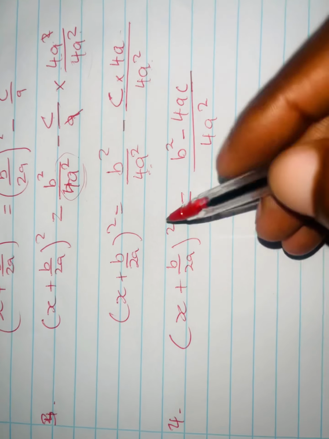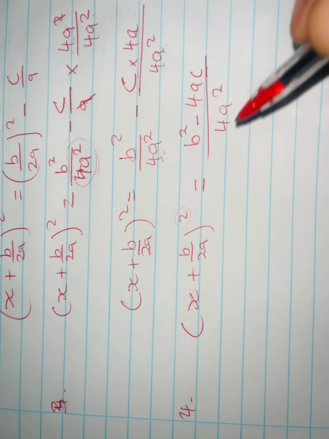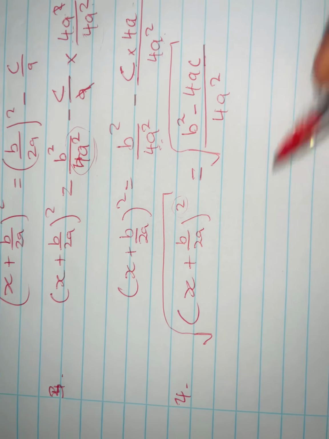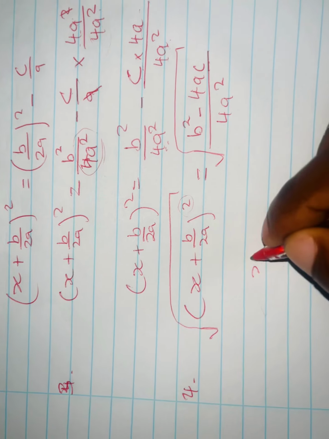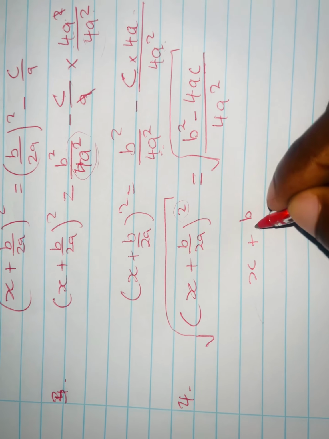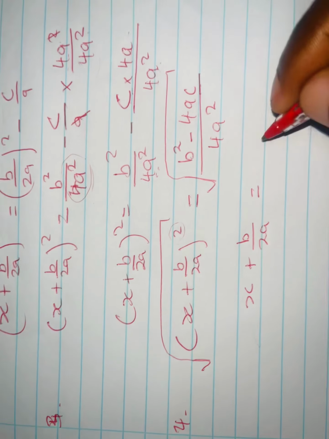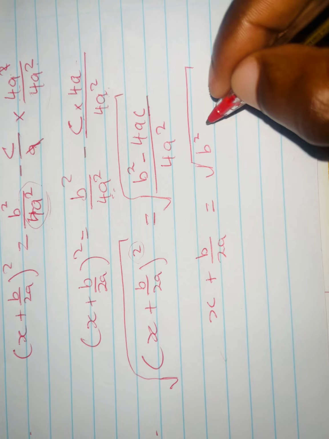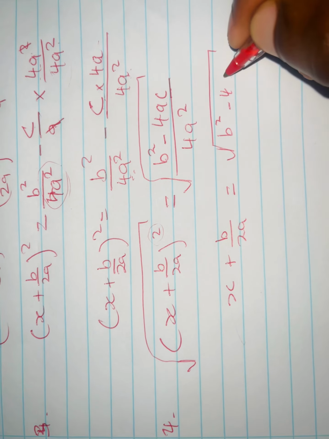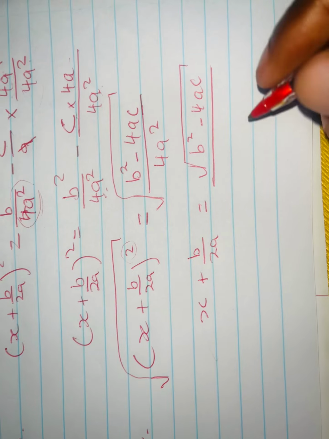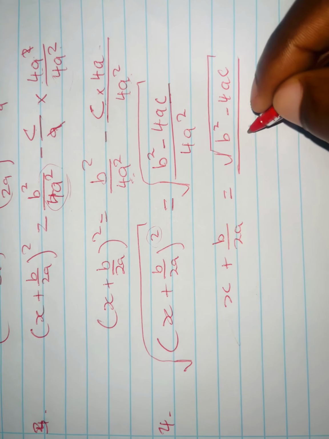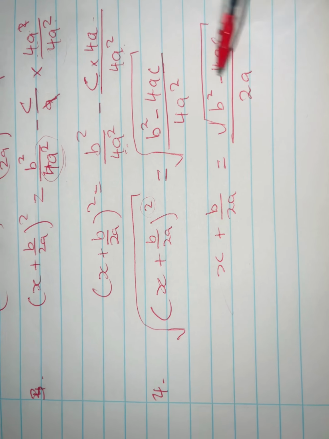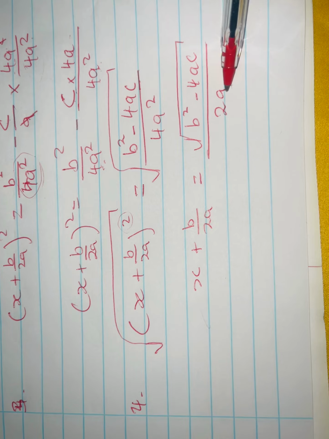So now we want to get rid of this square. We're going to take the square root this side and the square root this side, square rooting both sides. So now we're going to have x plus b over 2a equals to root b squared minus 4ac all over 2a, because the square root of 4a squared gives you 2a.